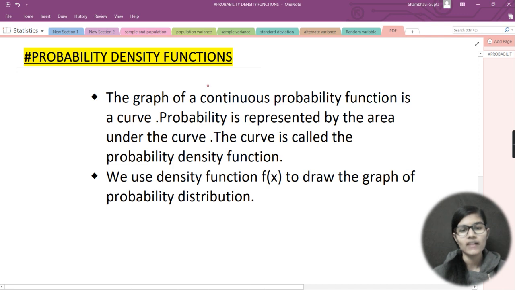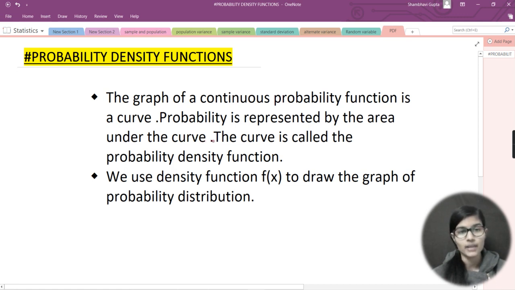So we have drawn a graph. Now I will give you the example, but first let's understand the definitions only. Whenever we draw a graph for a continuous probability function, we get a curve, and the probability is represented by the area under the curve. So whatever specific area you are taking under the curve is represented as the probability, right?